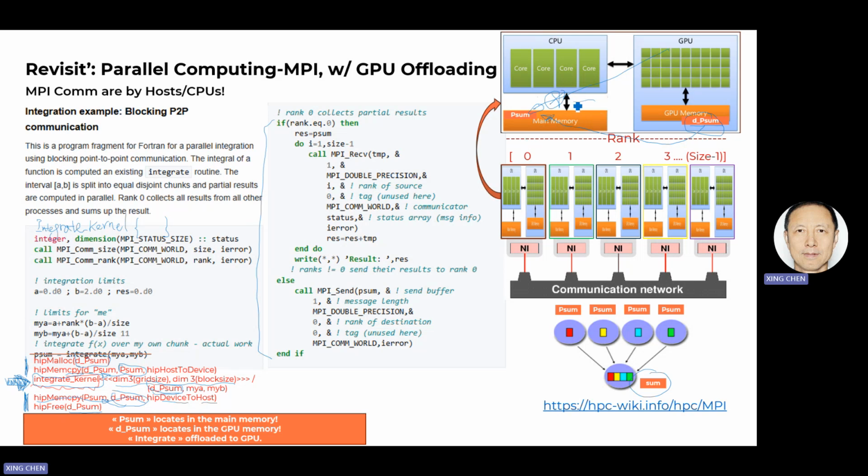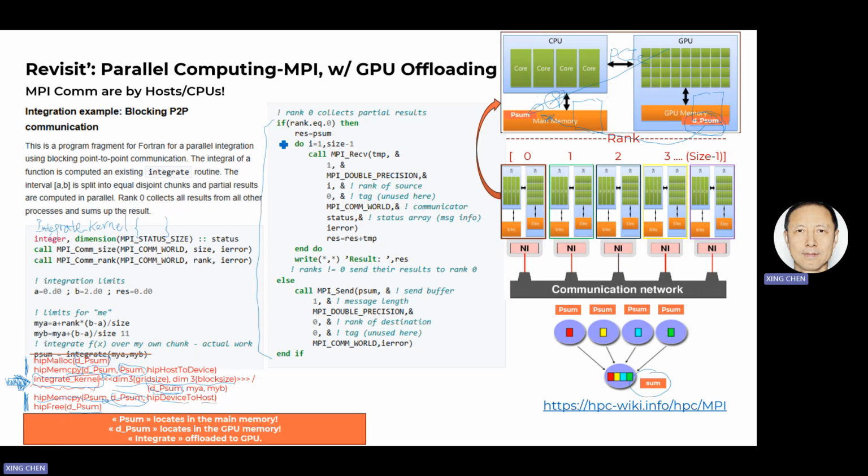It could be a two-dimensional array. It could be a very big array. And you copy the data in and copy the data back for the MPI to happen. It seems that it's going to take some time, because clearly there is a bottleneck here. So my point is that if you can copy this psum to the GPU and have the GPU work on that.